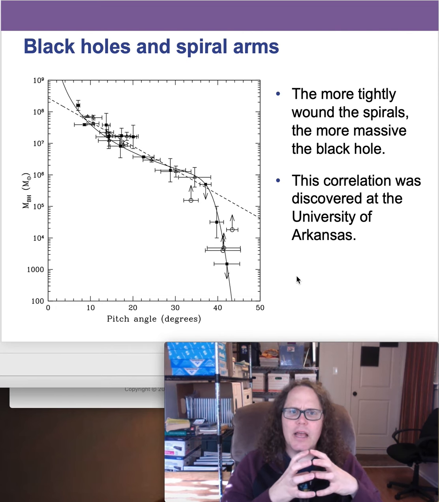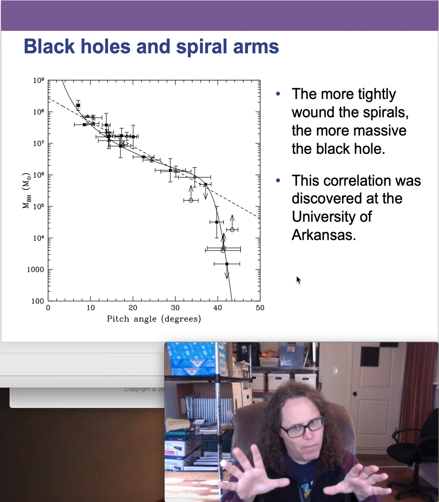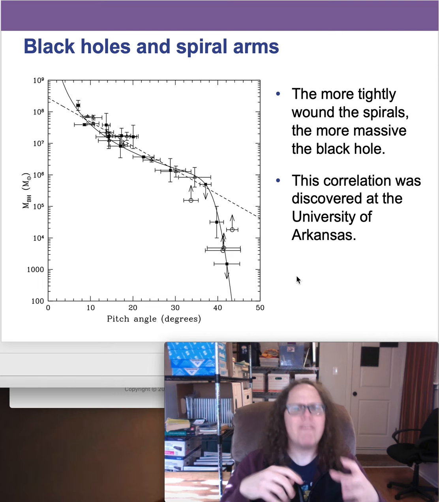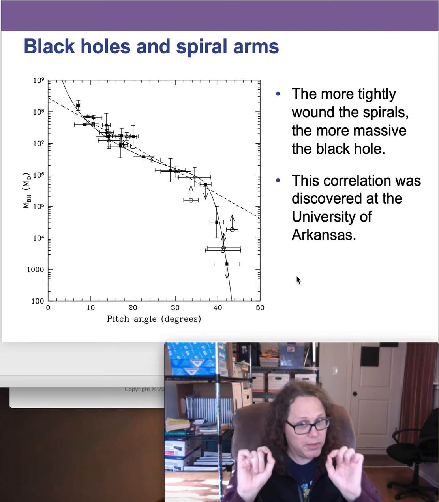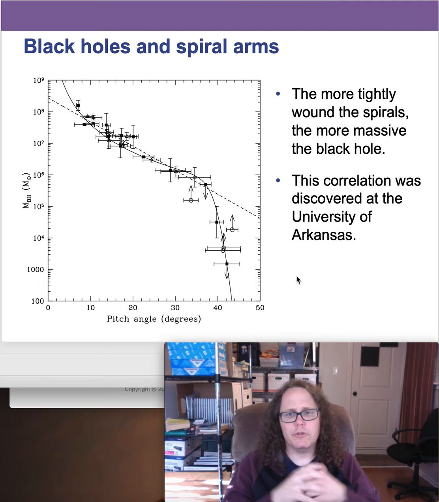And it's a little bit misleading. You might think, oh, okay, well, that makes sense. If the black hole is more massive, then its gravity is pulling on the spiral arms. Not the case. No. The black hole is a monster in its own regime, but the spiral arms are too far away from the black hole to be affected significantly by the black hole's gravity.